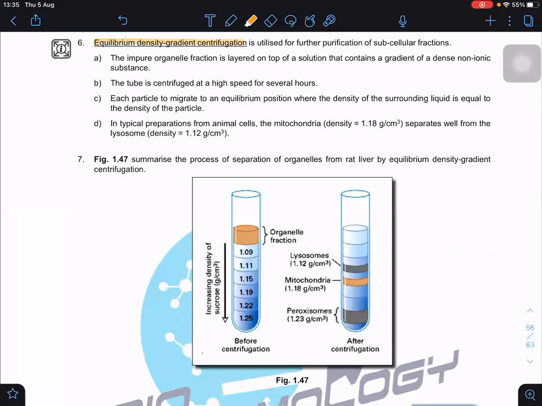Equilibrium density gradient centrifugation is something like what we have done previously in physics, where we actually create different densities. Okay, so that a particular thing sinks to its own density, and then they will stop sinking down. Okay, example.